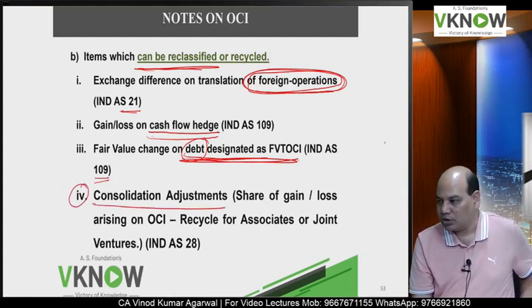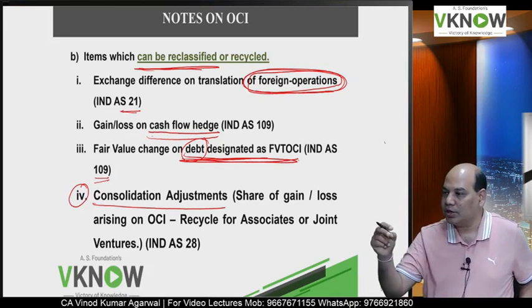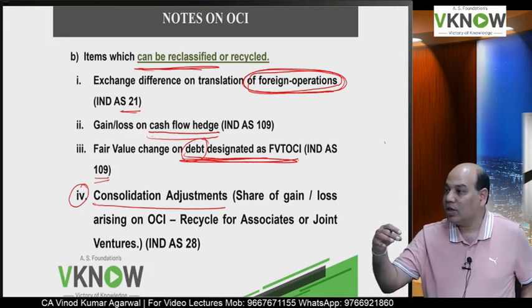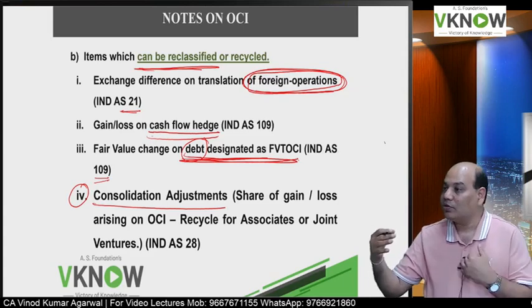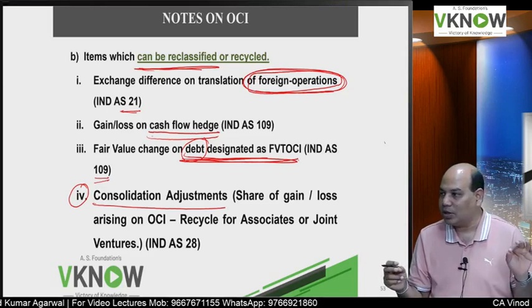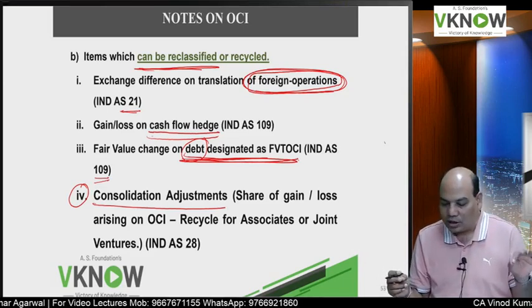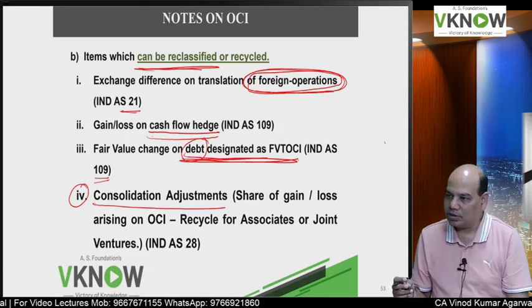If you have an associate, and the associate is showing in their OCI item some reclassified item which are reclassifiable, our share in that will be shown in consolidated financial statement under OCI under item which are recyclable. Is it right?